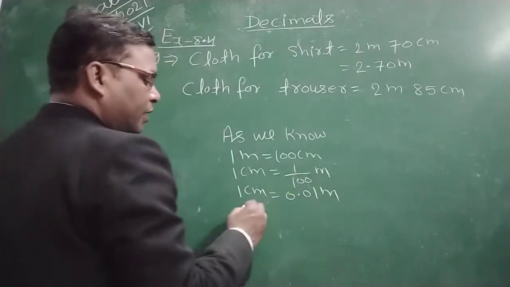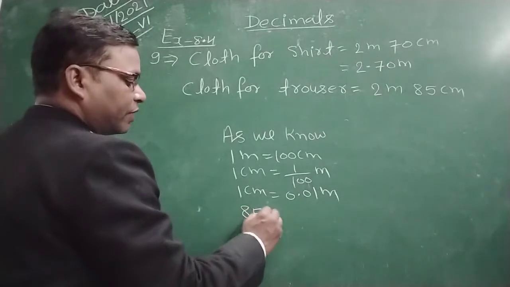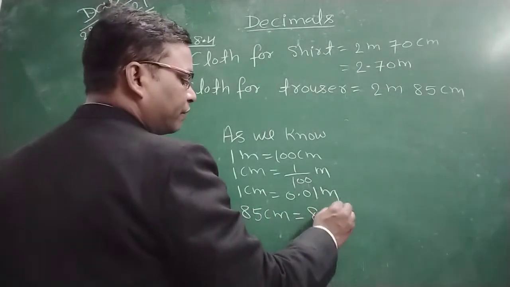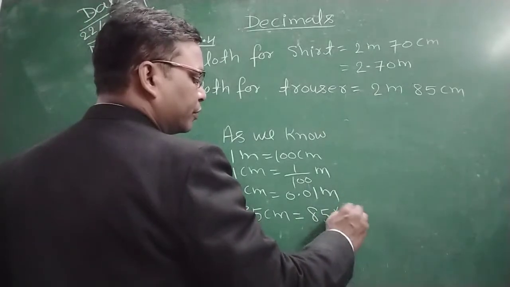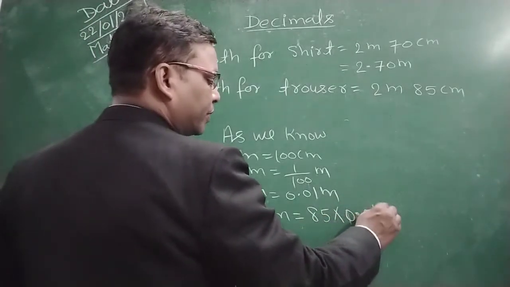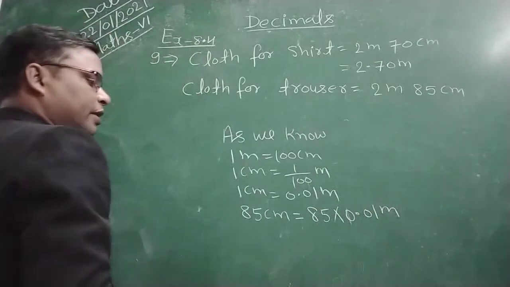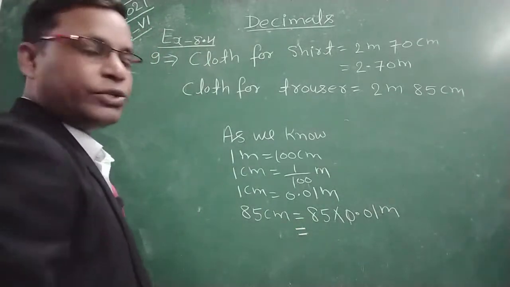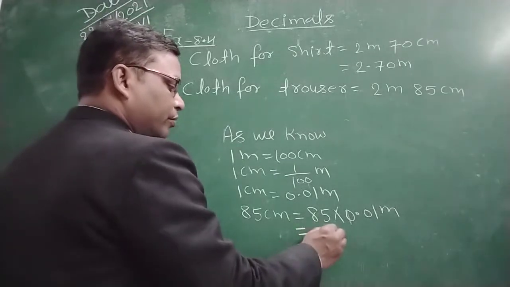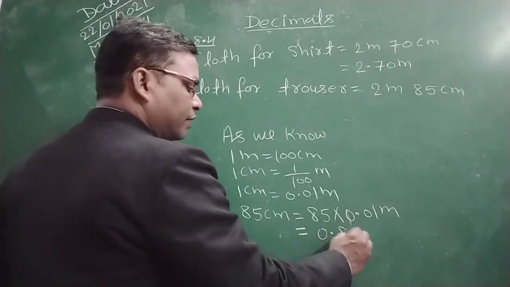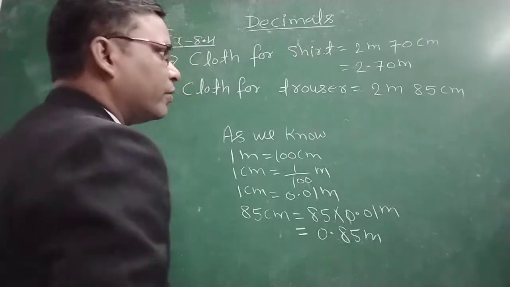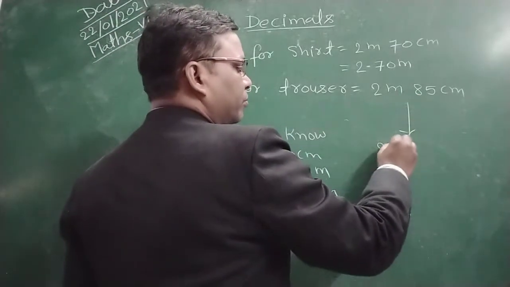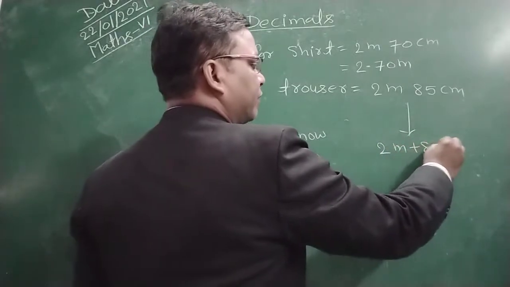But we have 85 centimeter. 85 centimeter is equal to 85 into 0.01 meter. So this is equal to what? If you multiply it, then you get 0.85 meters.